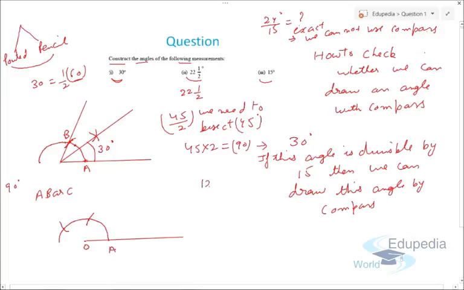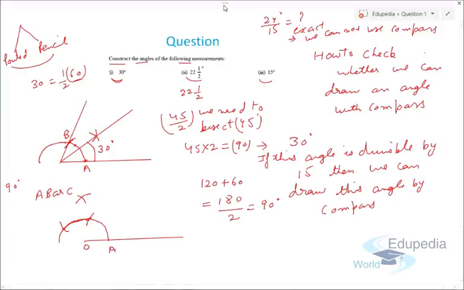Because when we add 120 and 60, it comes out to be 180, and if we divide it by 2, it comes out to be 90 degrees.